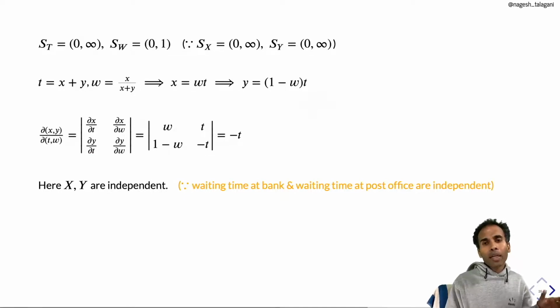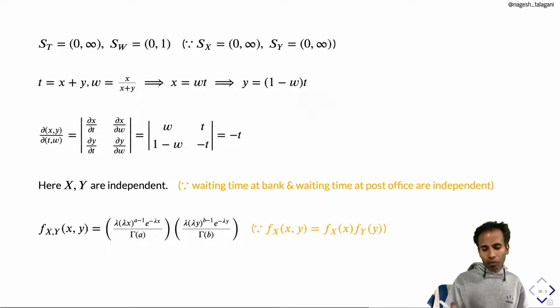Okay. We already realized that x and y are independent random variables because waiting time in the bank should be independent of waiting time in the post office. So the joint PDF of x and y we can actually find like this: PDF of x times PDF of y. Here x follows gamma distribution with the parameters a comma lambda.